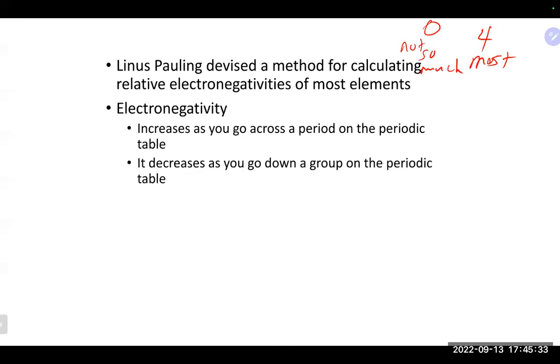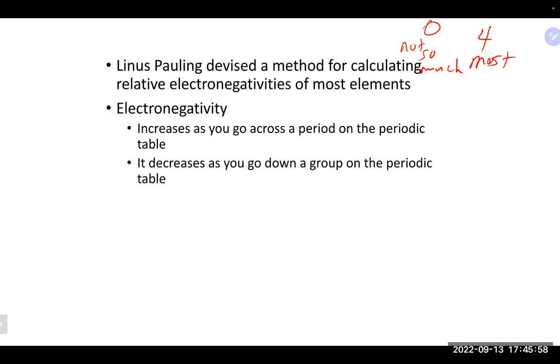He gave values to pretty much all the elements from 0 to 4. We can use the differences in the electronegativity values to help us determine whether we will yield a polar bond, a non-polar bond, or even an ionic bond, although you really don't need electronegativity values to help you with that.